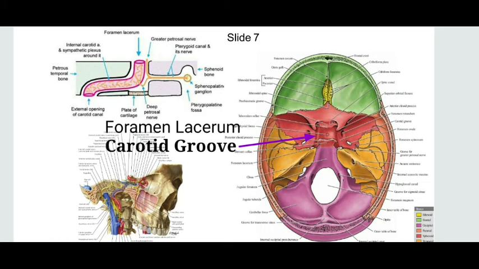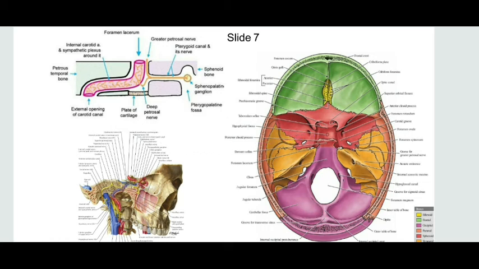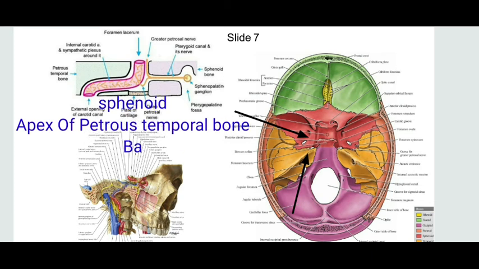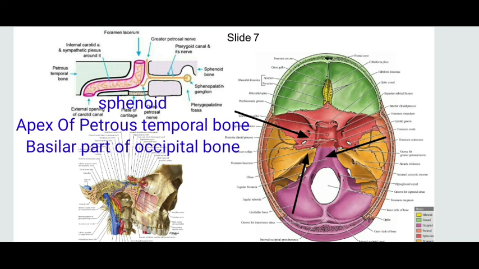This foramen lacerum is an aperture which is located between the sphenoid, apex of petrous temporal, and basilar part of occipital bone.